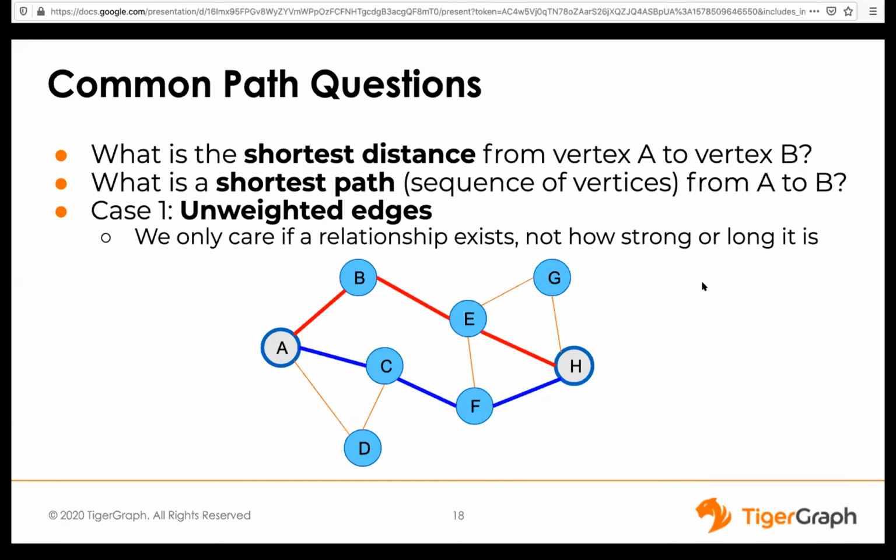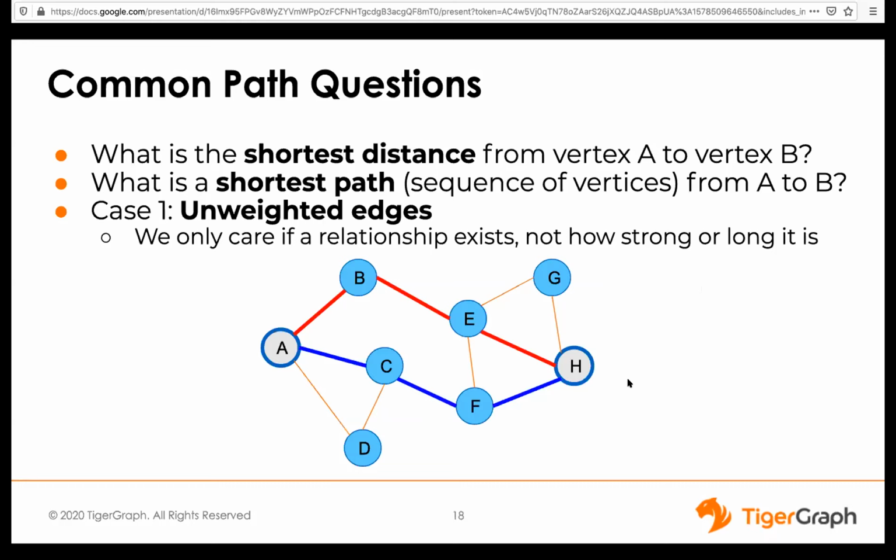Yeah, sorry. What is the shortest path? Again, 2 fundamental questions we can ask and 2 different types of data. What's the shortest distance? And then what is the actual path? So I might say, okay, well, the distance is 3 hops, and that's the answer. The answer is 3.